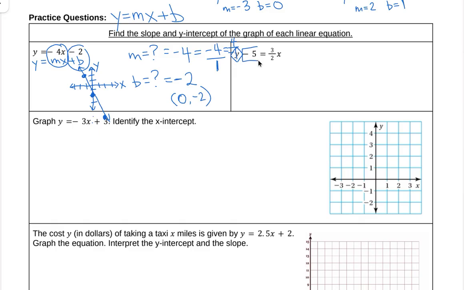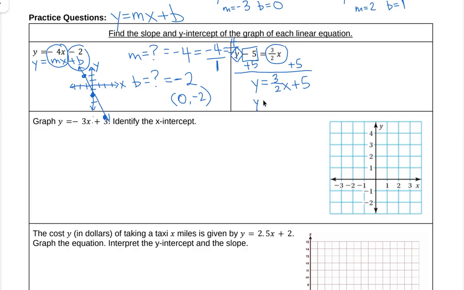This is my constant, and this has a variable term. And I want to get this diamond all by itself. So I'm going to do the opposite, and I'm going to solve for y by adding 5 to both sides. So I'd say y equals 3/2 x plus 5. Now it looks a little bit better because I have y all by itself.